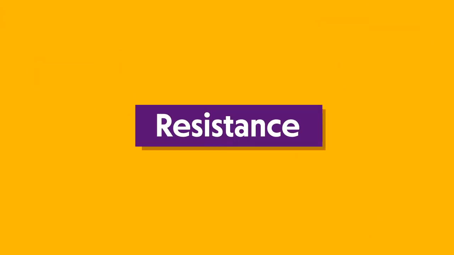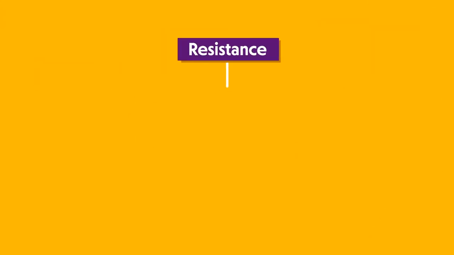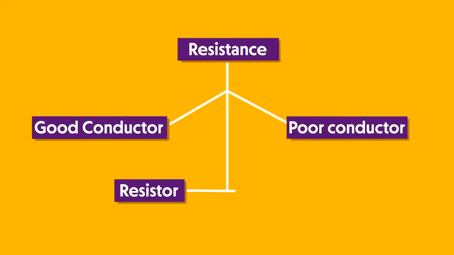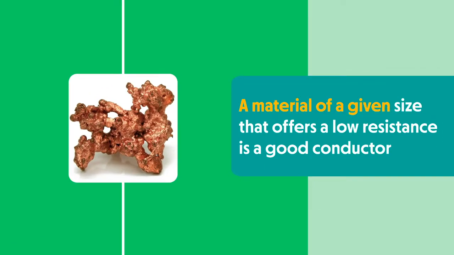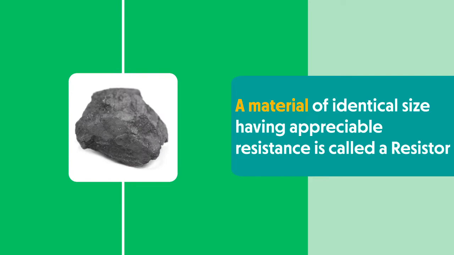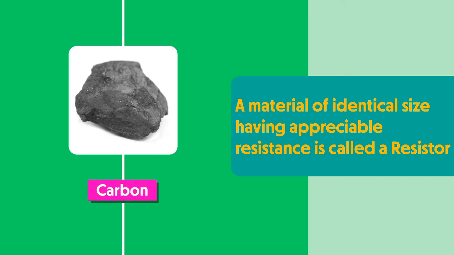According to the resistance offered, we can classify the materials as good conductor, resistor, poor conductor, and insulator. A material of a given size that offers a low resistance is a good conductor, for example, copper. A material of identical size having appreciable resistance is called a resistor, for example, carbon.